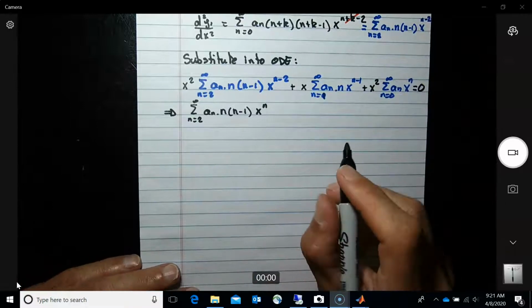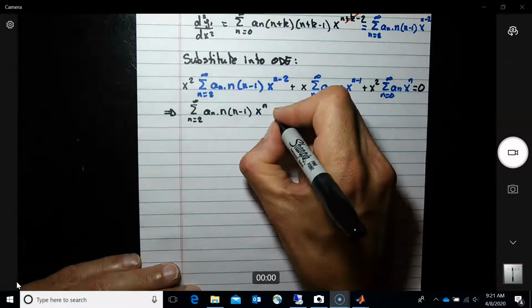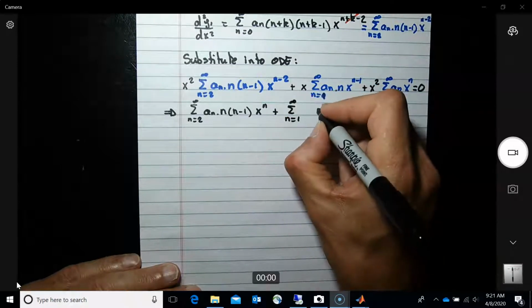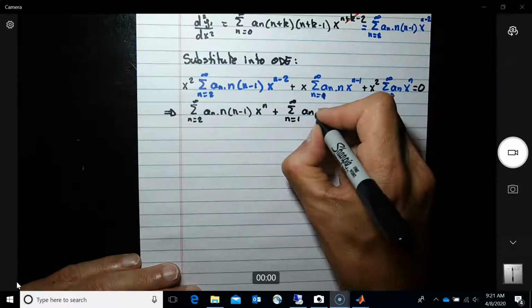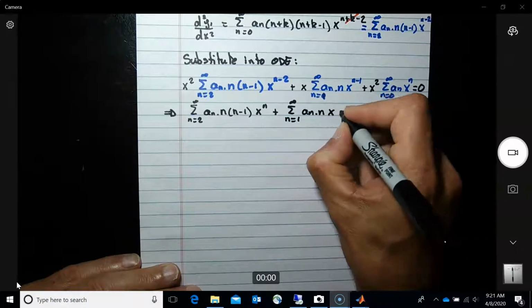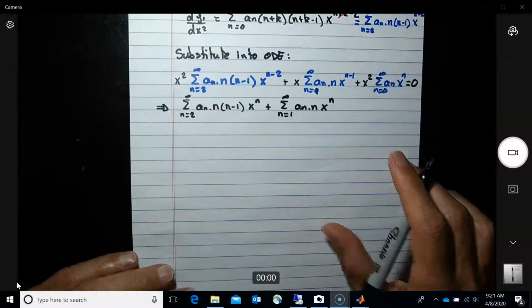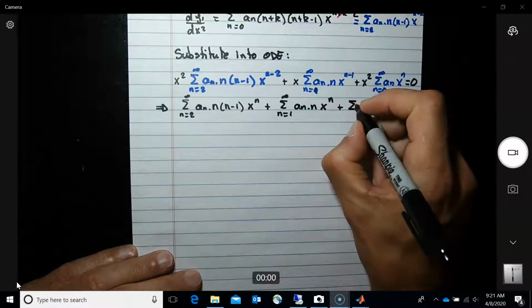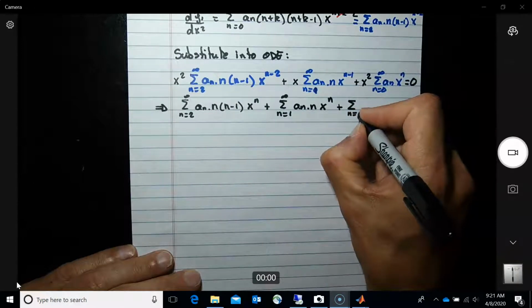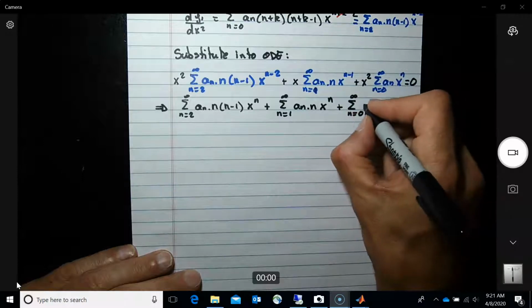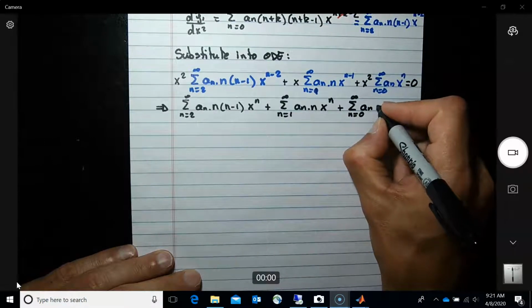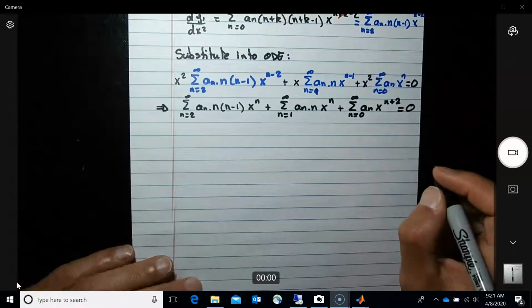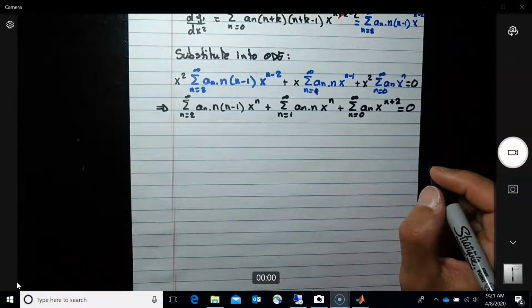Alright, plus here the summation n equal to 1 to infinity of a sub n times n x to the n, plus summation from n equal to 0 to infinity of a sub n x to the n plus 2, and this will be equal to 0.